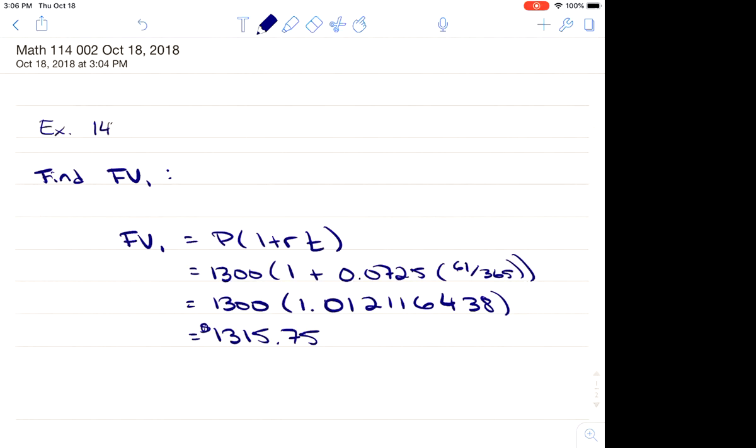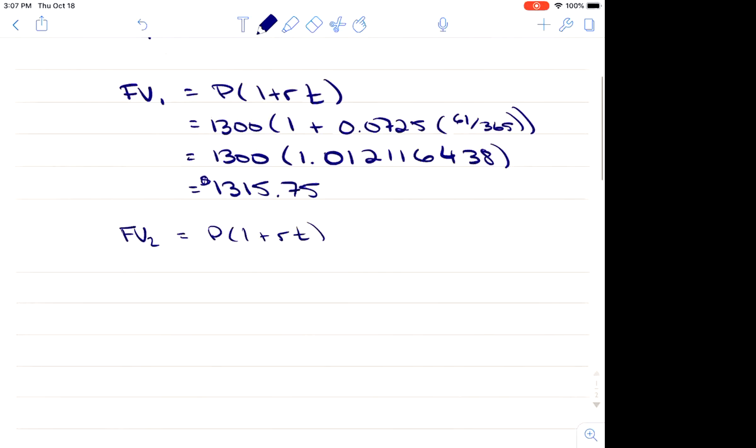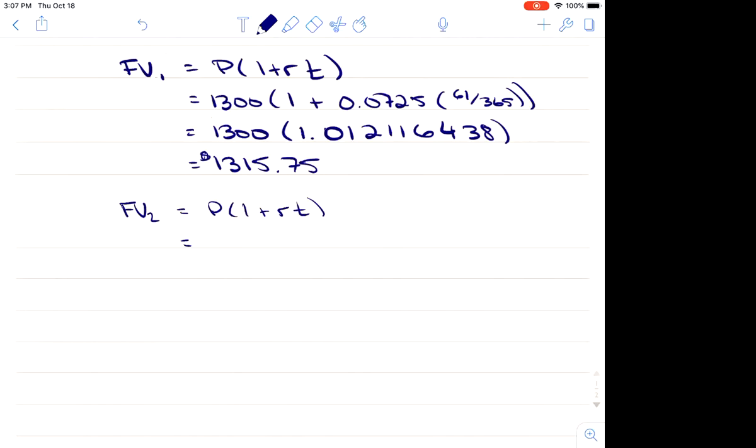Example 147, continued from last day. So, we found future value 1. How about we find future value 2, which is also P times 1 plus RT, right? I don't have it here, which is very inconvenient.